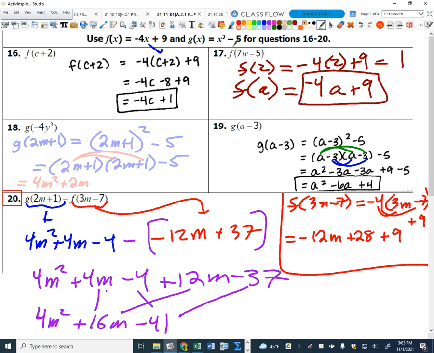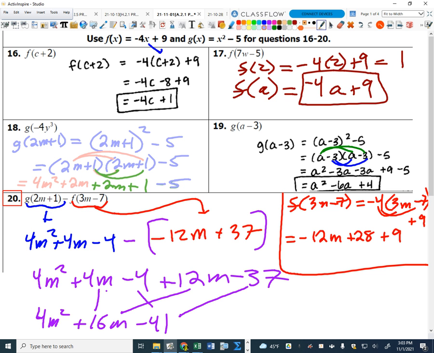If I distributed the 1, whoops, I'm going to get plus 2m plus 1, and then at the end I've got my minus 5. And if I add all that stuff up, that's going to give me 4m squared plus 4m minus 4. Okay, see where I'm going with that?